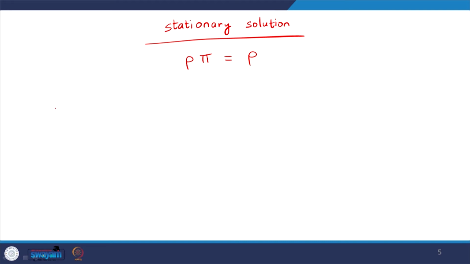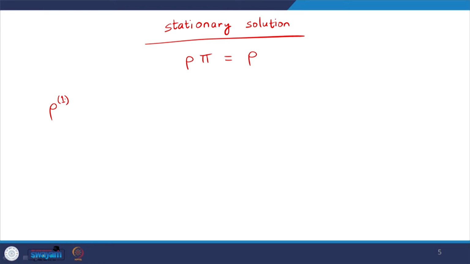So, let us say I start with some probability density rho 1. You can talk about probabilities as well since it is a discrete state, but I have used rho for the density. So, let us keep that notation, but keep in mind that this can also be discrete probabilities.